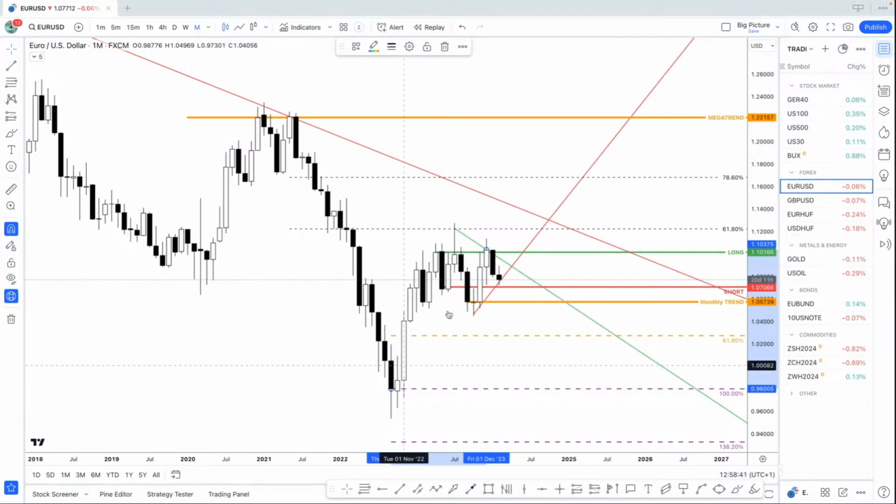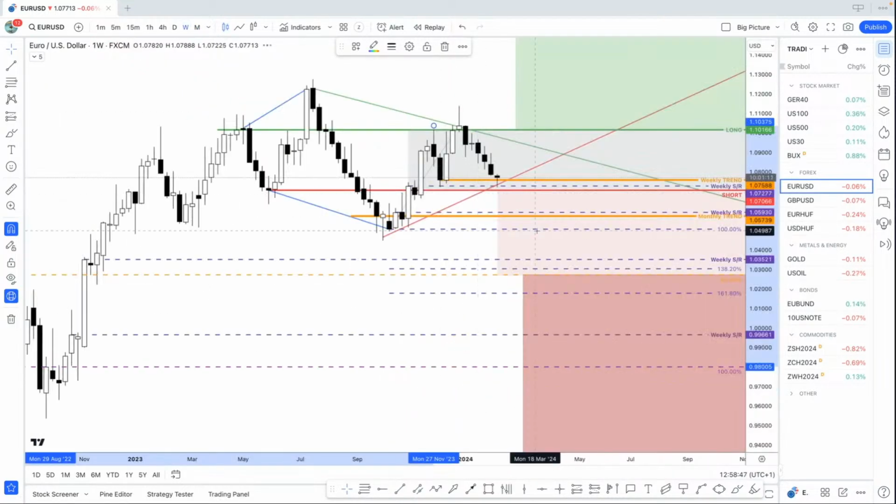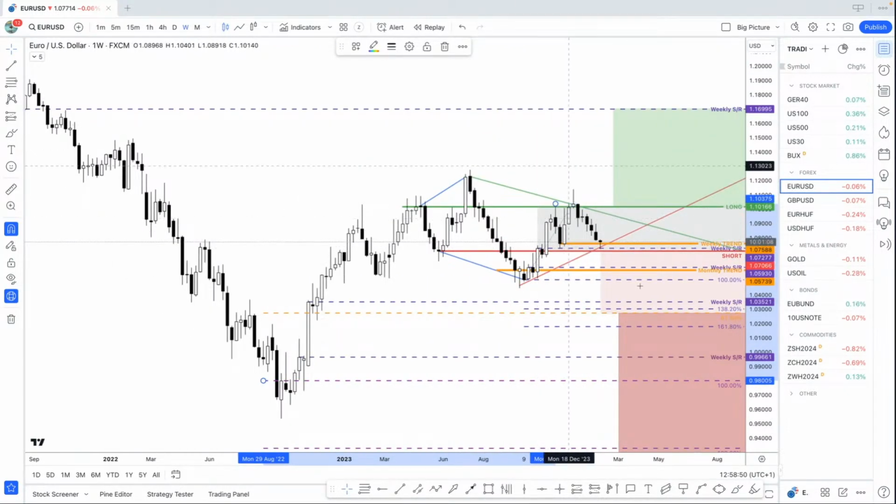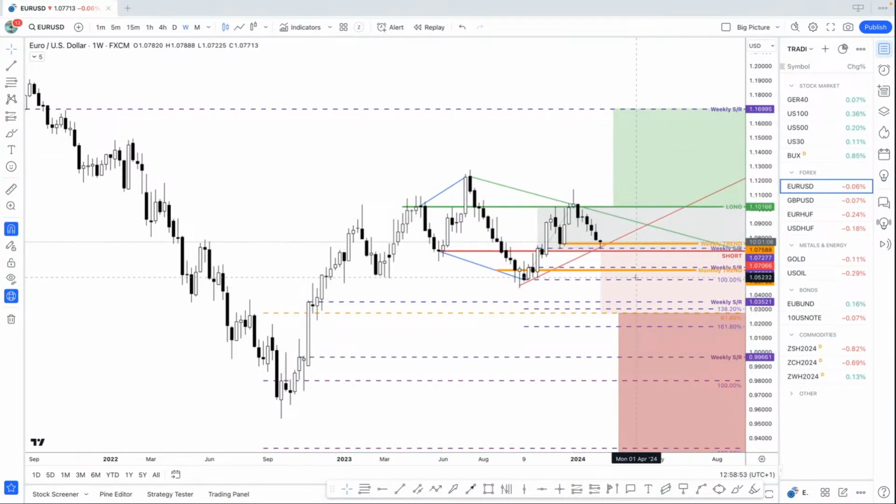But we still have the long trend on the monthly and also on the weekly on the Euro USD. After yesterday's NFP data, just one sec, I will take a sip of water.